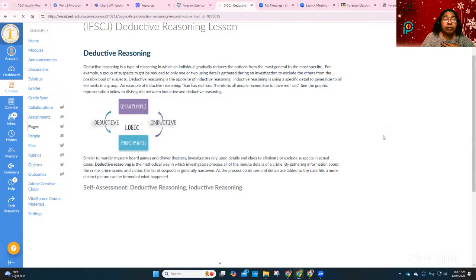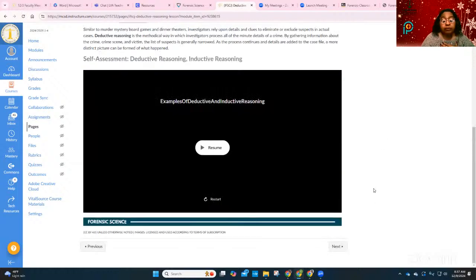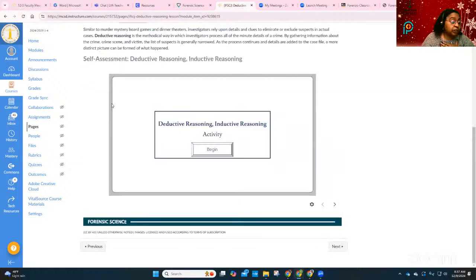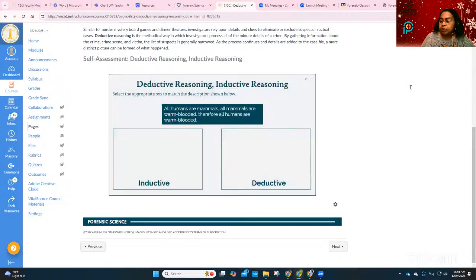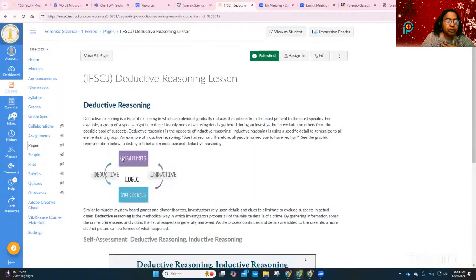You have to be a thinking individual to be a crime scene investigator. You have to be able to look at a scene and deduce what you believe has happened. So do this practice activity, but most specifically, know the difference between what is deductive and what is inductive.